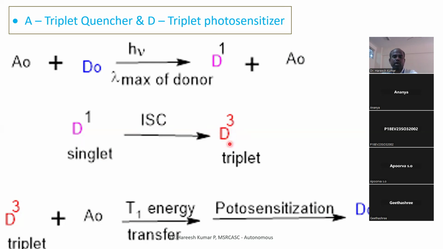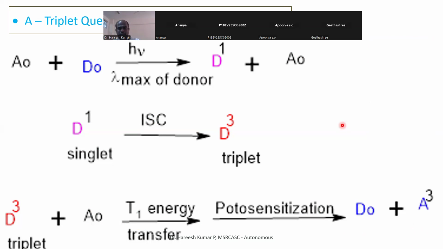At this stage, the triplet form of the donor reacts with the acceptor olefin. It transfers the energy from donor to acceptor. Then the acceptor directly enters the triplet state. This complete process is called photosensitization. Any questions? If there are no questions, I will go to the next slide.